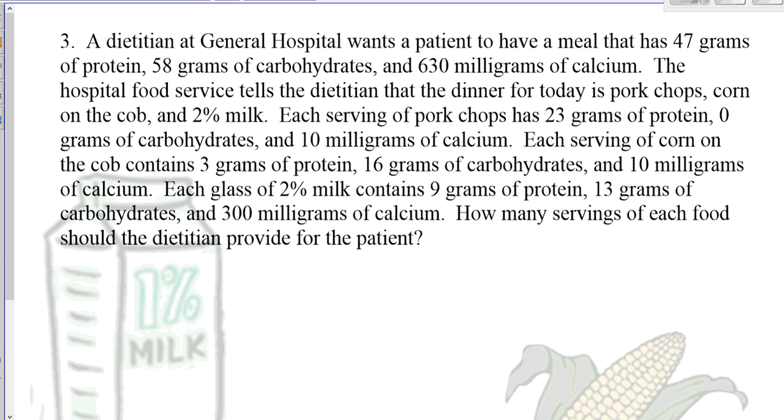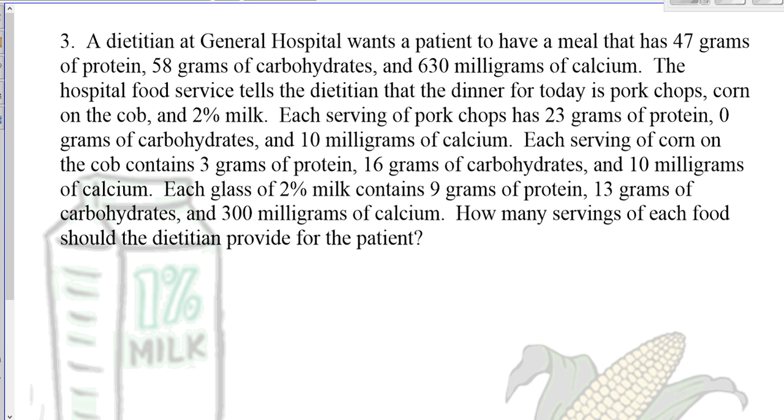Each serving of corn on the cob contains 3 grams of protein, 16 grams of carbohydrates, and 10 milligrams of calcium. Each glass of 2% milk contains 9 grams of protein, 13 grams of carbohydrates, and 300 milligrams of calcium. How many servings of each food should the dietitian provide for the patient?